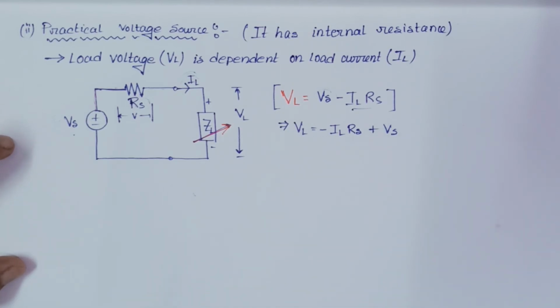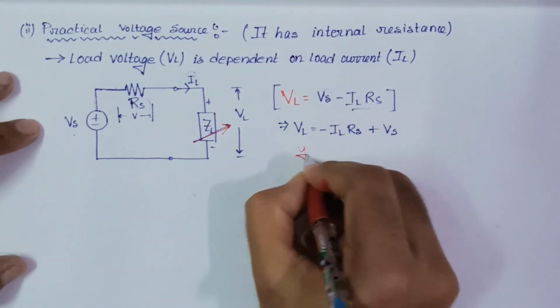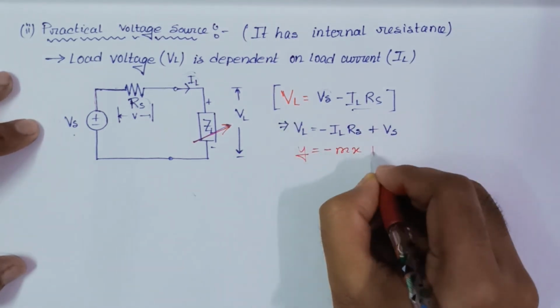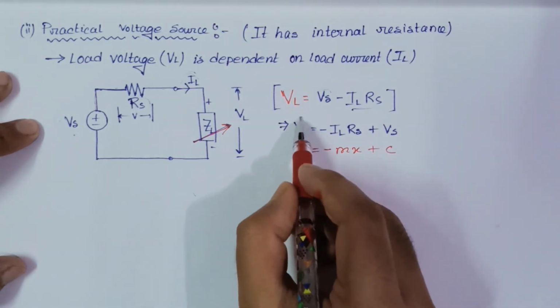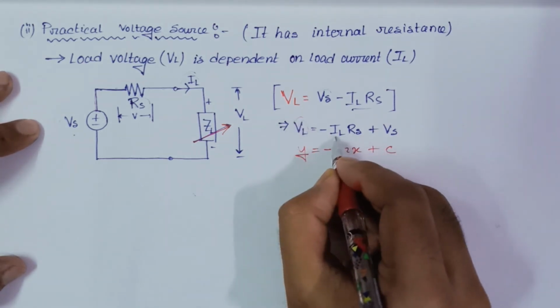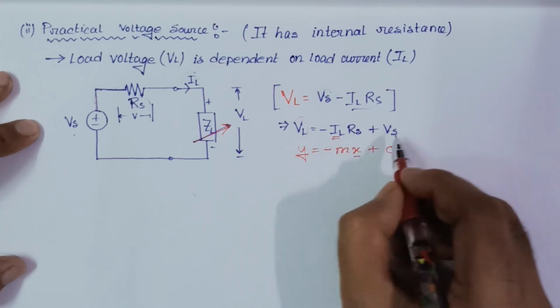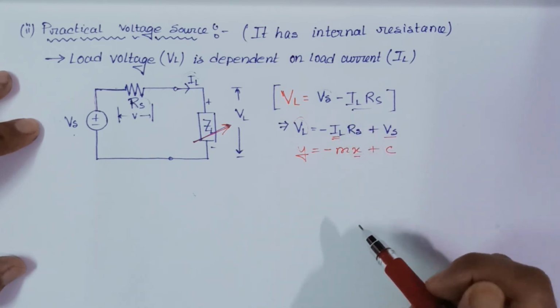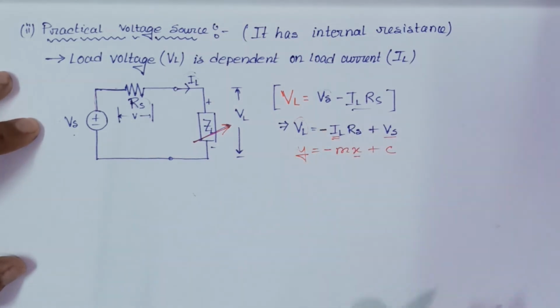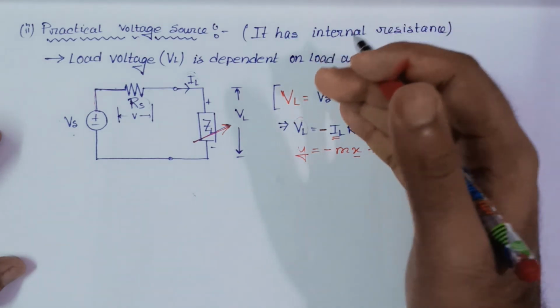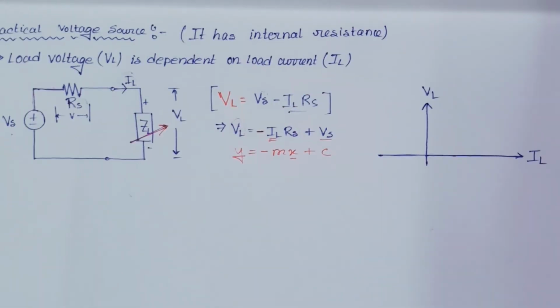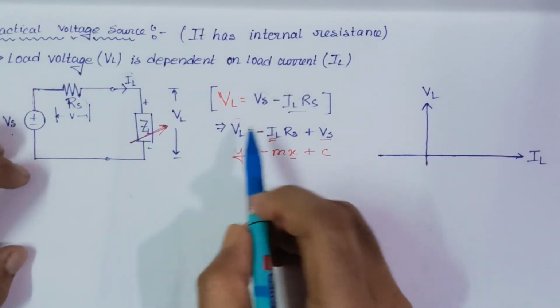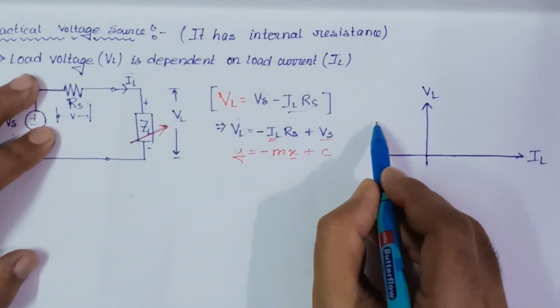Now I am arranging the equation like this: VL equals minus IL Rs plus Vs. If you look carefully, it is exactly like y equals minus mx plus c, where VL will be on the Y axis, IL will be on the X axis, this Vs is the intercept, and minus Rs is the slope. Minus Rs, which means the slope is negative. And I have already shown you that if the slope is negative, it will lie on the second and fourth quadrant.